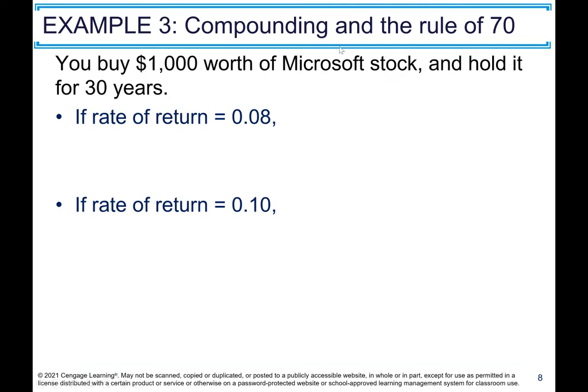Example 3, compounding and the rule of 70. You buy $1,000 worth of Microsoft stock and hold it for 30 years.